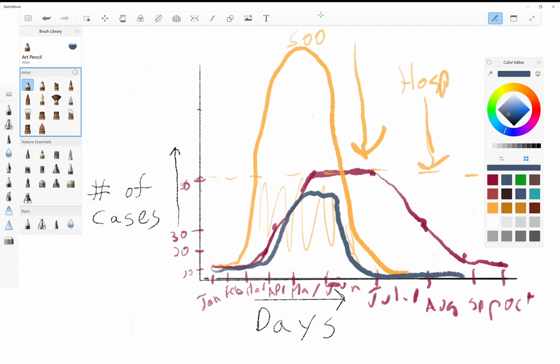So if we continue social distancing, we might be able to see this type of scenario with this blue line as opposed to this purple line, and certainly we don't want anything like the yellow line.